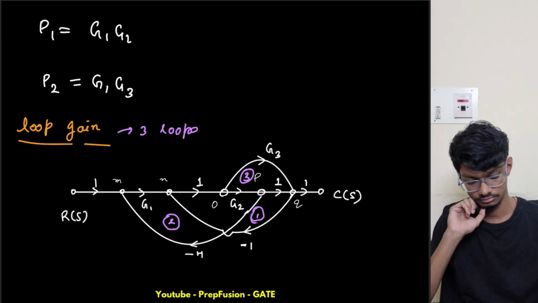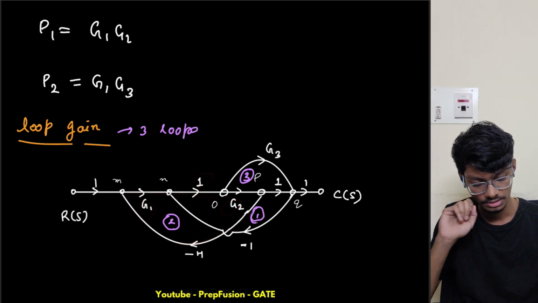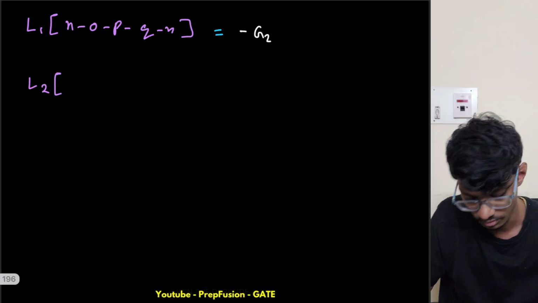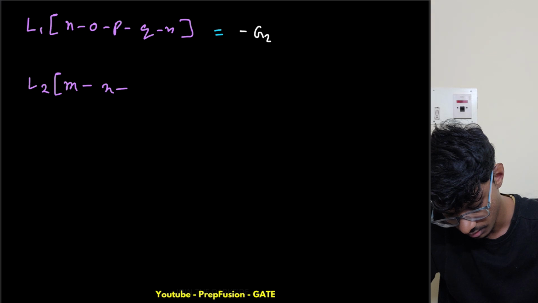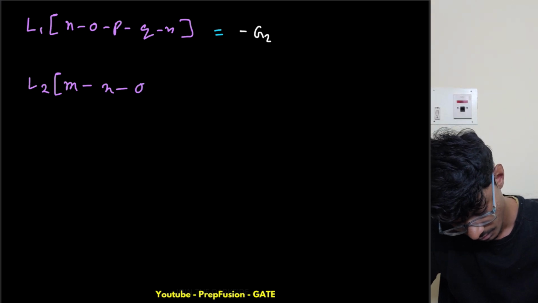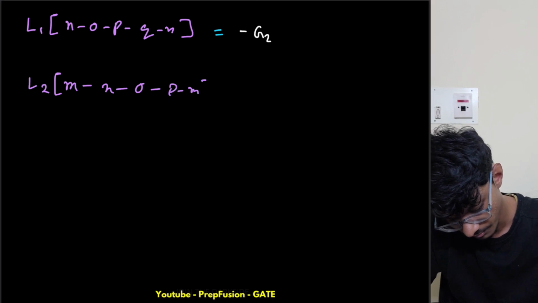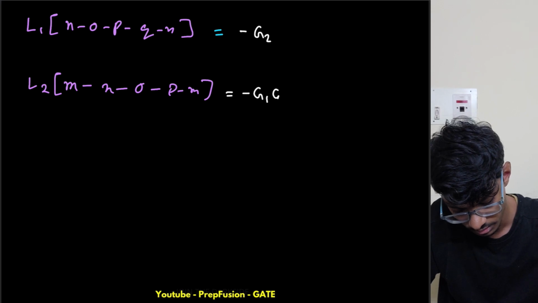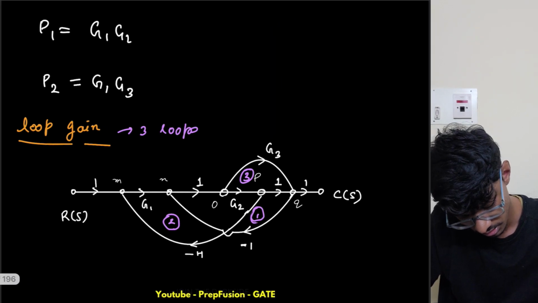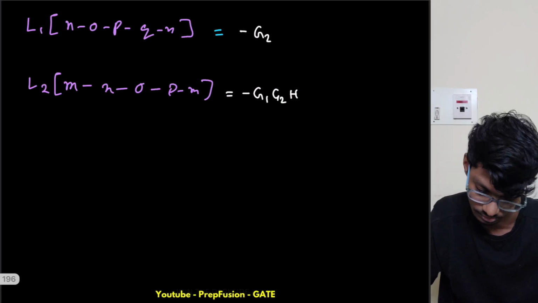So this one is G1 times 1 times G2 times minus H, so minus G1 G2 H. Again let me name this M, N, O, P, then again coming back to M. So this is equal to minus G1 G2 H.